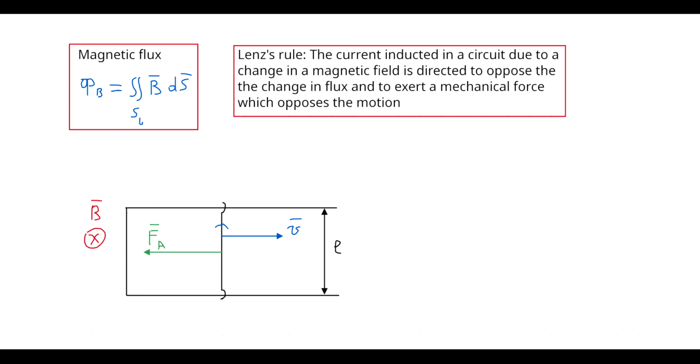Okay. Do you have any questions about this situation? So the direction of inductive current in this situation will be anti-clockwise.